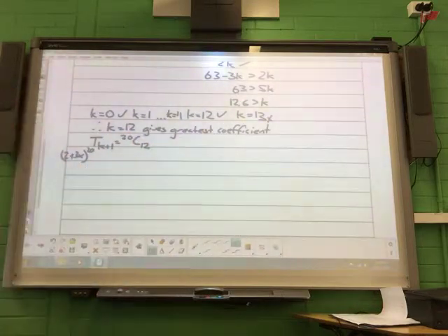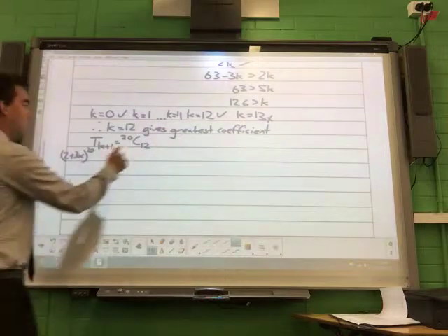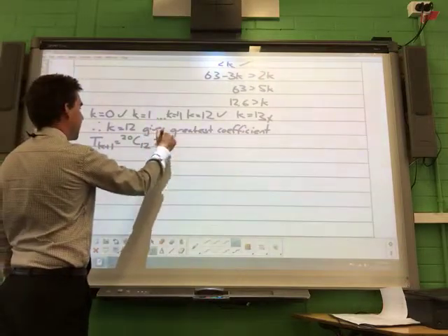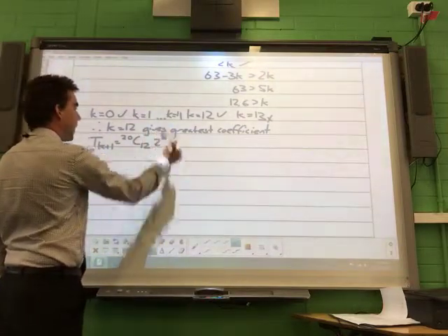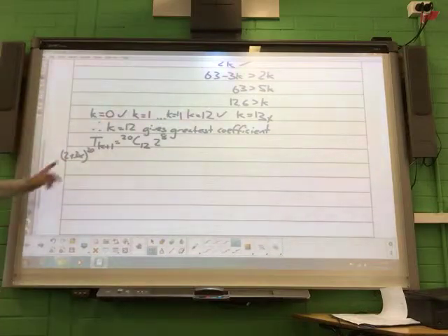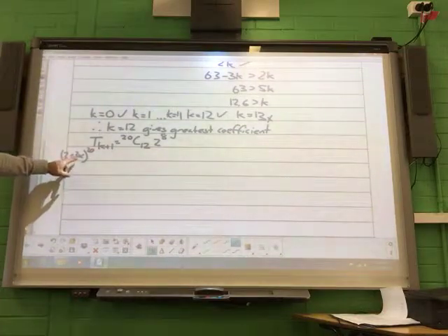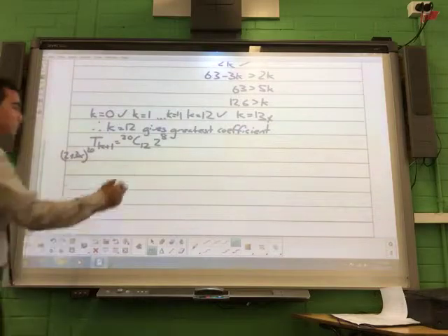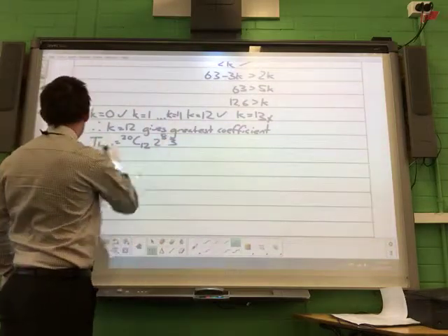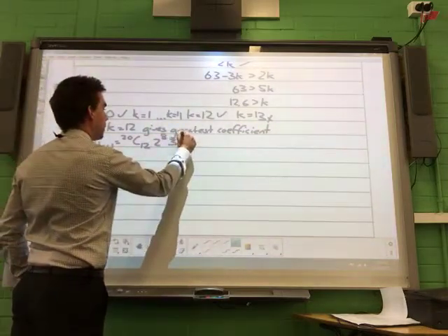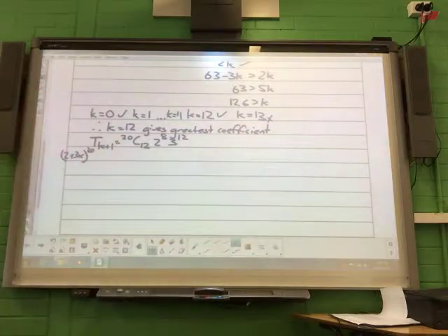So we're doing our general term now of a, the 2 to the power of 20 take away 12, which is 8. And we just need the coefficient, we don't need the variable. So my b is just going to be 3, 3 to the power of k. And that will give me my greatest coefficient for my expansion.